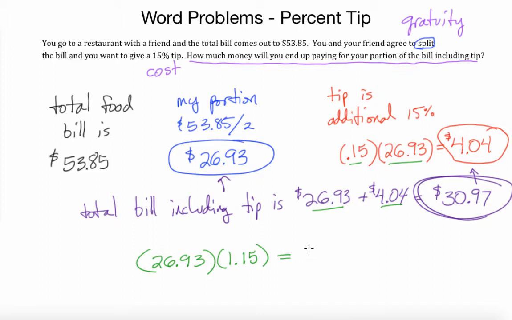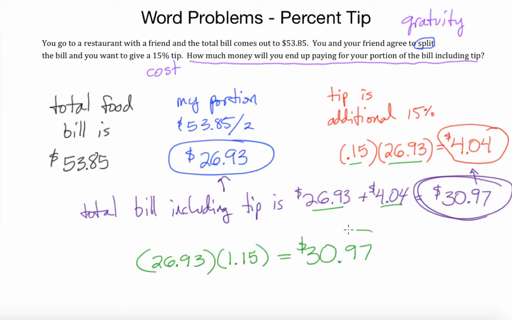And if I multiply those together, what's funny is, in doing only one step like this, let's take my calculator out. $26.93 times 1.15, I get $30.97 if I round it to the nearest cent. So there we go.